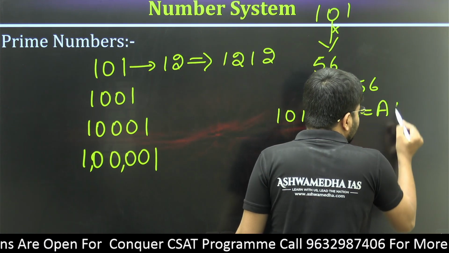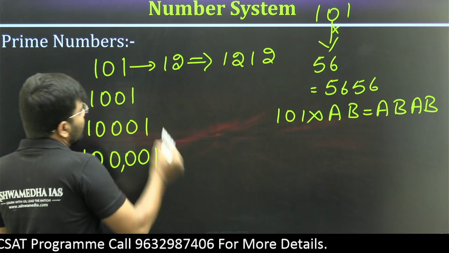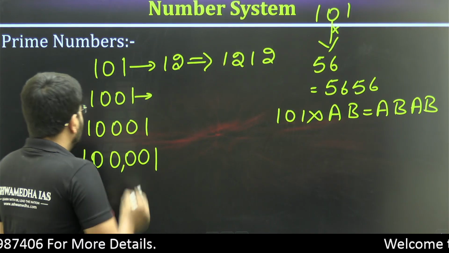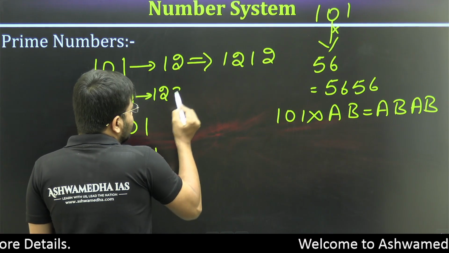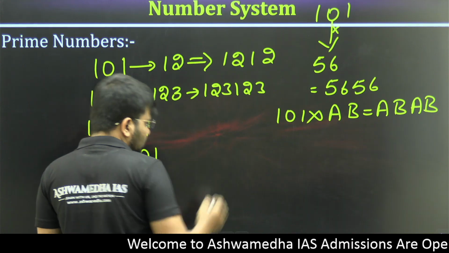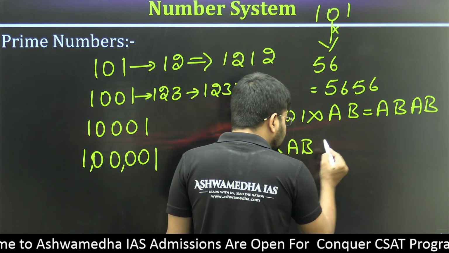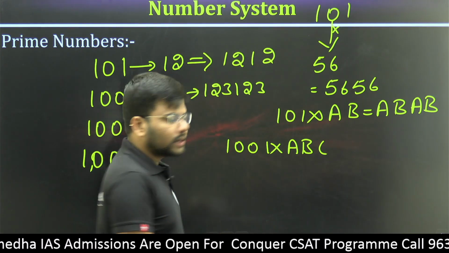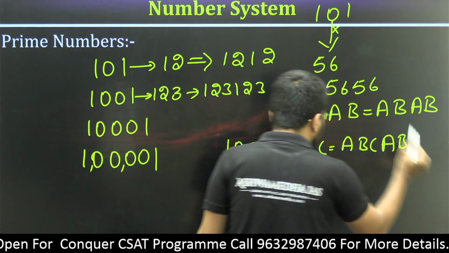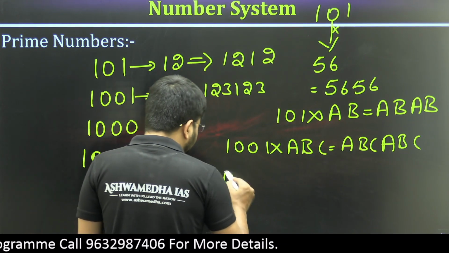Now, if you multiply 1001 similarly, here it is a 3-digit number. If you multiply 1001 with 1, 2, 3, this would be 1, 2, 3, 1, 2, 3. That means 1001 into any 3-digit number ABC will give the product ABCABC. I hope you got it. Yes, guys, very good. Similarly, for 10,001, it is a 5-digit number.